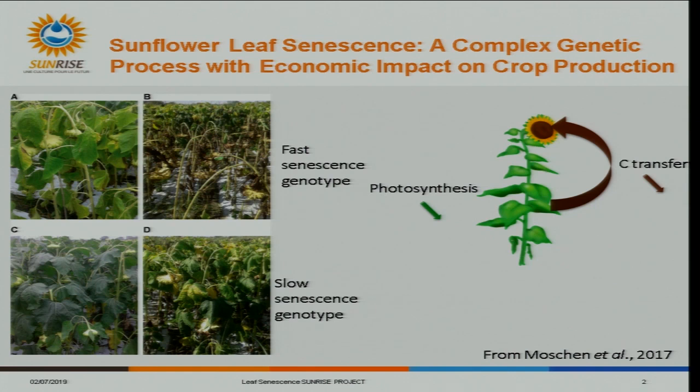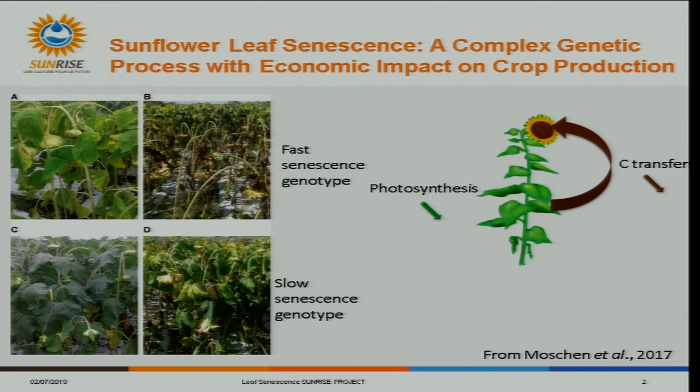And also it will impact the transfer of this carbon from the leaves to the seeds. So at the end, studying leaf senescence is very important in general for the yield of sunflower, and especially in drought condition, since drought is inducing earlier senescence.